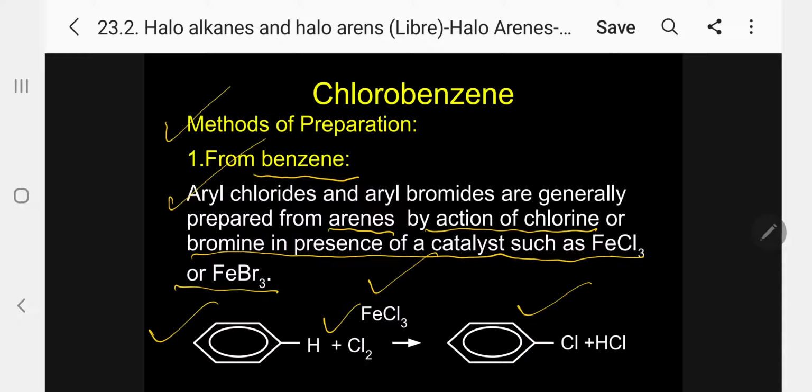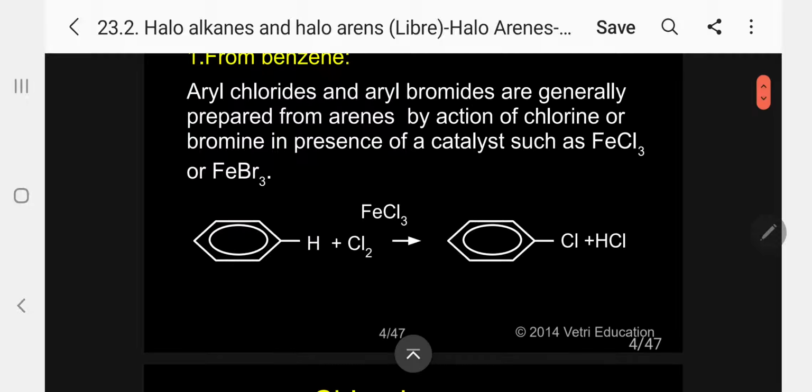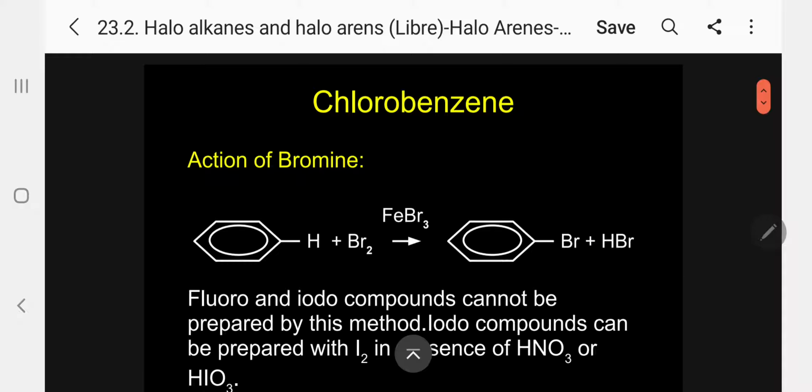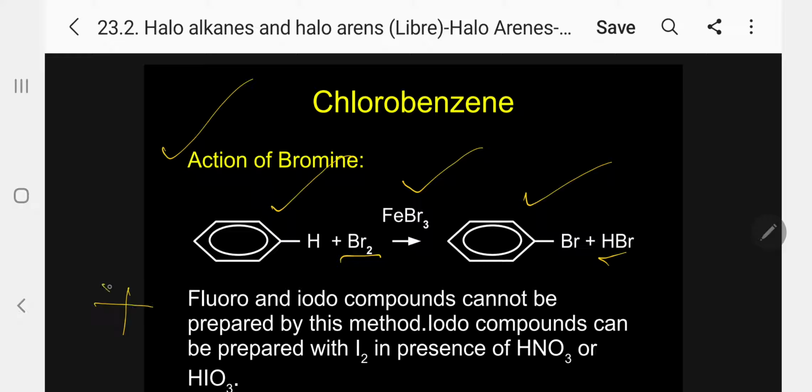So this is one of the methods of preparation. Kindly follow. In the case of bromine, take benzene, bromine and ferric bromide, you will get bromobenzene and HBr. Here important information, kindly follow.